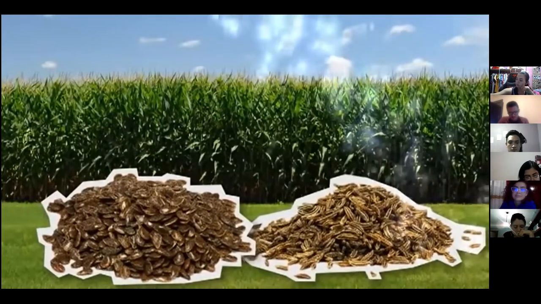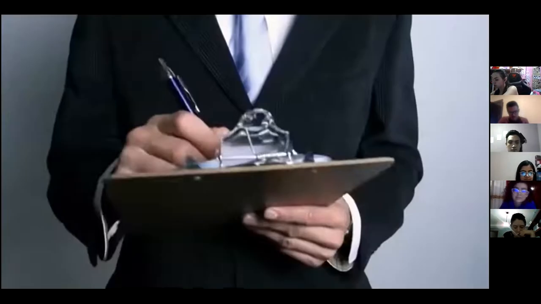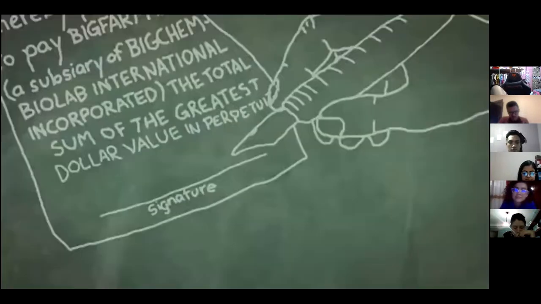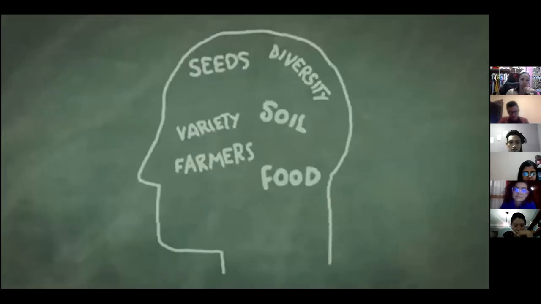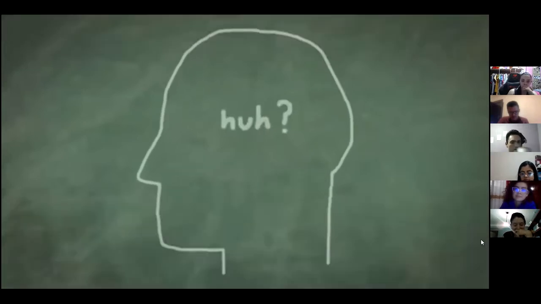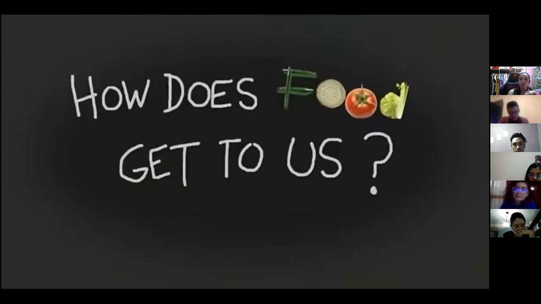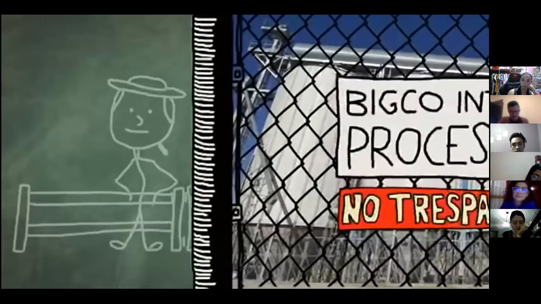But who do they write out the IOU to? Oh, some very big seed companies, who also just happen to be some very big pesticide companies. Wow, these newcomers meant business. So, a lot of old ideas about seeds and soils and variety and diversity and farmers and food weren't really needed anymore. So just how does this new food get to our dinner table now? Through a lot of gates.